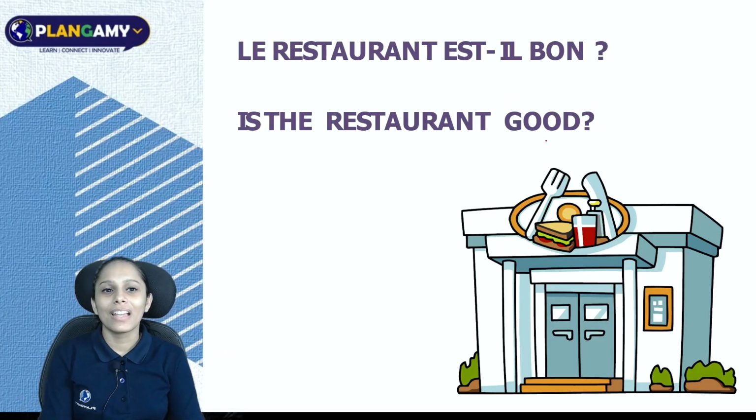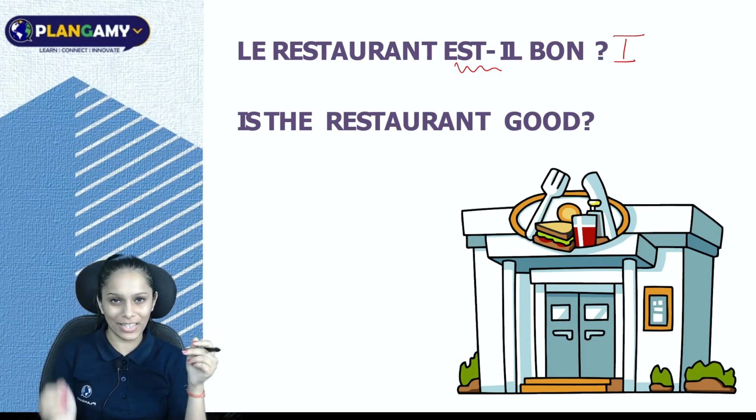Now, here we have again a good example of inversion. "Le restaurant est-il bon?" Is the restaurant good? Again we have the inversion method. I am pretty sure that the concept of inversion is clear to you.